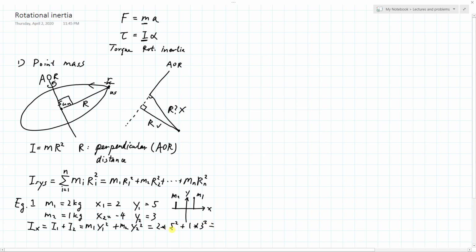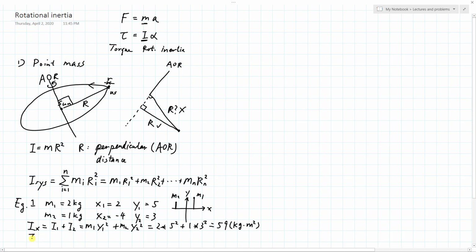So we have 25, twice that 50, plus 9, so 59. And the unit worth mentioning is kilogram from the mass and meter squared for the distance squared. So the unit is kilogram meter squared. Okay, so that is the rotational inertia around the x-axis.